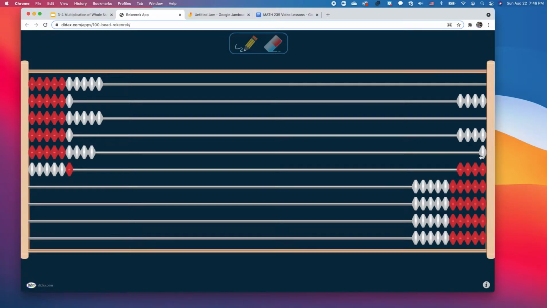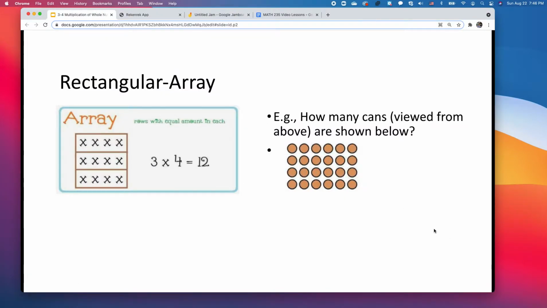Oops, I didn't make this a 10. So here I can see that this is 10, 20, 30, and I have only red, 35, 40, 45, and the ones, 46, 47, 48. So that makes 48. So easily you can find 16 times 3, right? Using the rekenrek. You can use that in your classroom too.